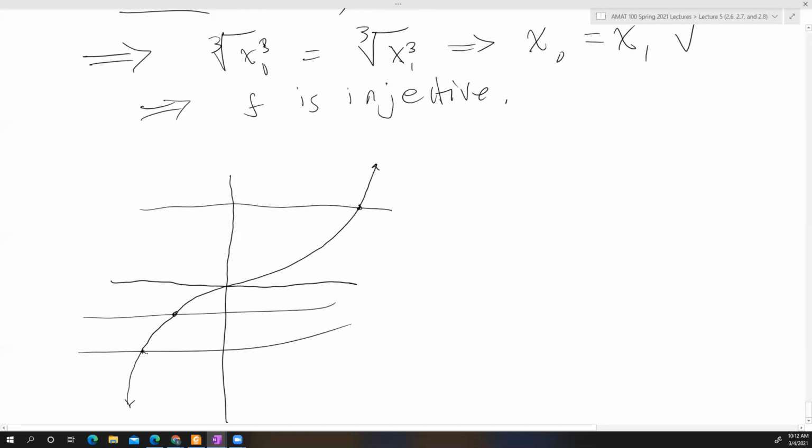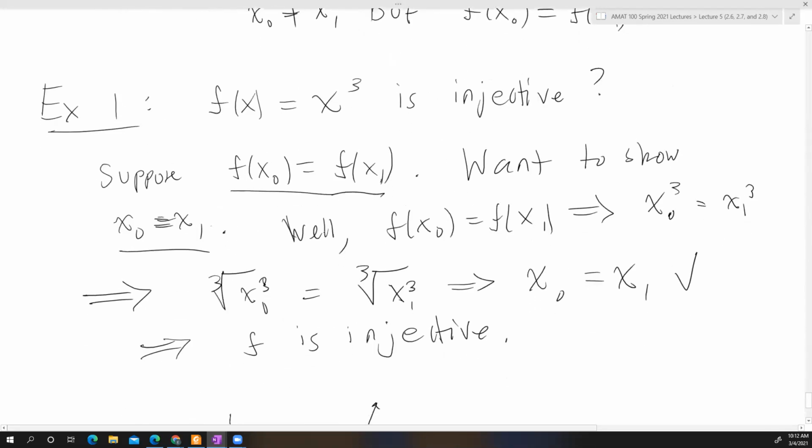I've only done these few right here, but if I go further down the graph, all the way down towards infinity, how do I know that there isn't a horizontal line that intersects at 2 points, showing that it's not injective? I don't know. But this picture does suggest that it seems reasonable that this function is in fact injective. So I need to think about how I would prove that this is injective.